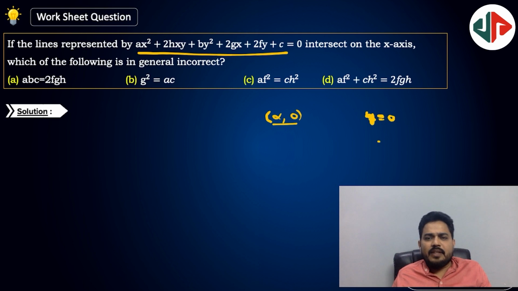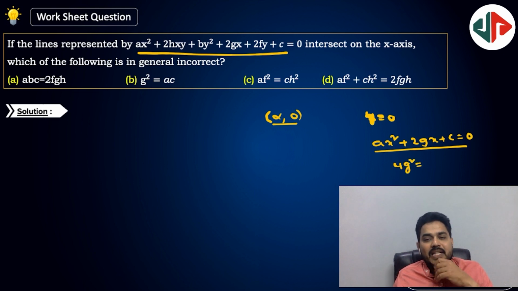That means ax square plus 2gx plus c is equal to 0. This should have unique solution. So 4g square is equal to b square, delta, b square is equal to 4ac. So g square is equal to ac is correct.